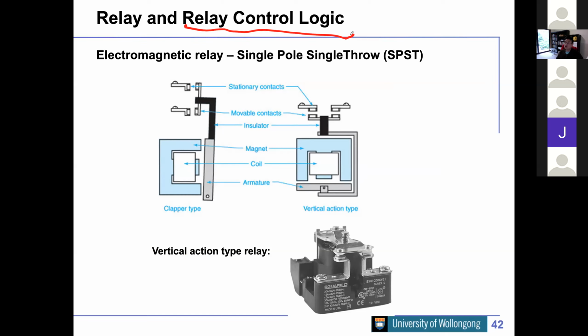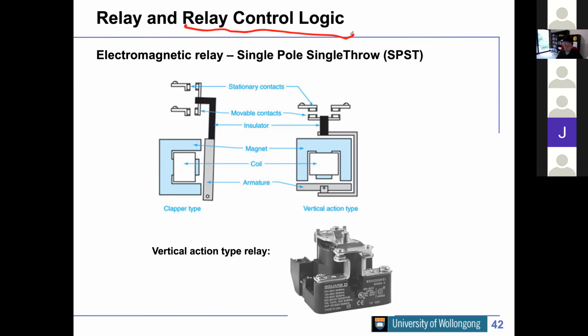Now it's more and more replaced by PLCs, with the cost of PLCs getting lower and lower. But you can still see some relay logic, and relays are still there. You don't completely get rid of the relay, but a lot of the logic is not achieved through the relay. Instead, it's achieved inside the PLC.